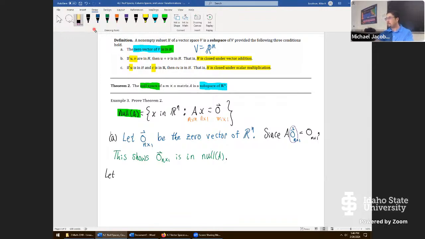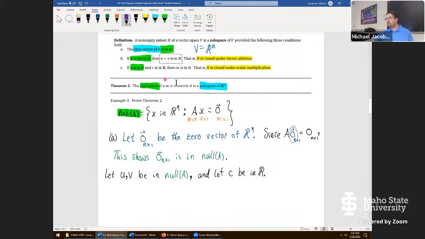Let, starting right here, H is the null space of A, so we'll say let U, V be in null A. And let C be in R. So now we've got our vectors, we have our arbitrary scalar C. The next thing we have to show is this portion.